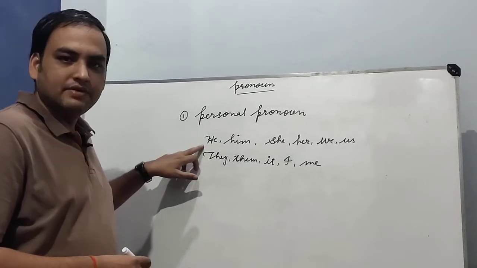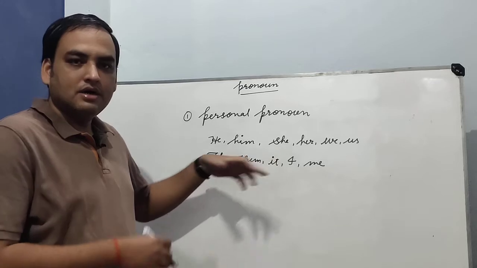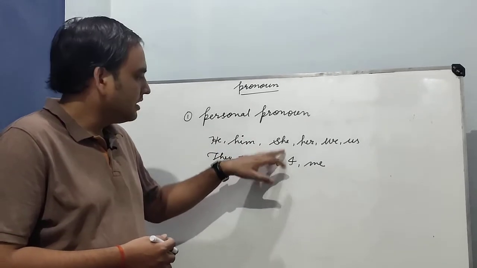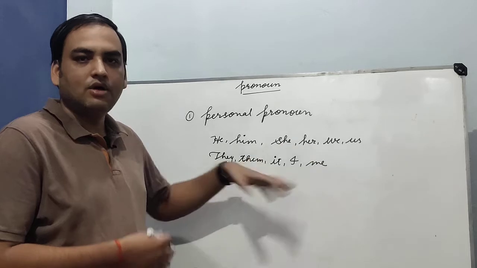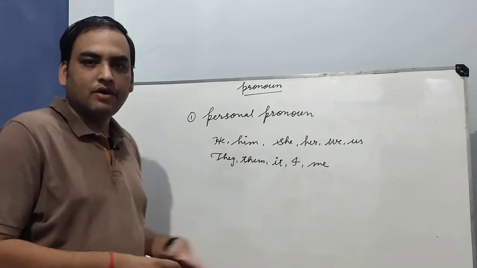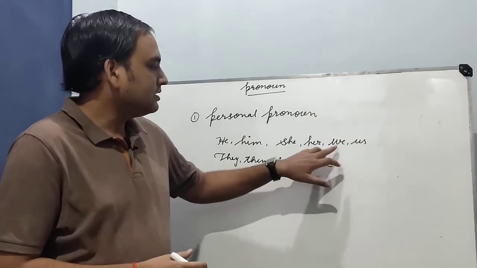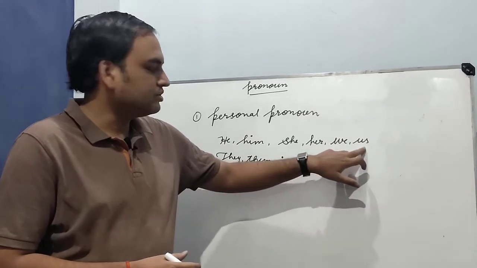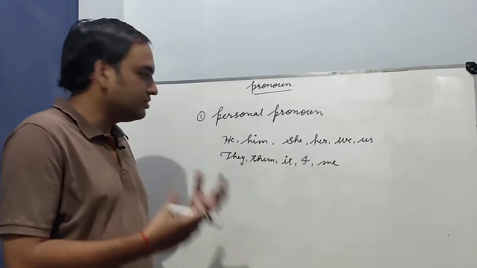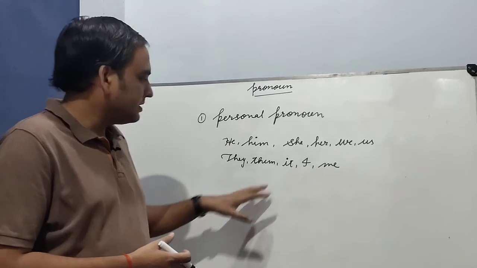He is used in nominative case, him is used in objective case, she is used in nominative case. This is for masculine gender, this is for feminine gender, and her is used in objective case for feminine gender. We is used for people, they are more than one, and this is used in nominative case. Us is also used in objective case. They and them are similarly used, as we have used we and us, for more than one person.